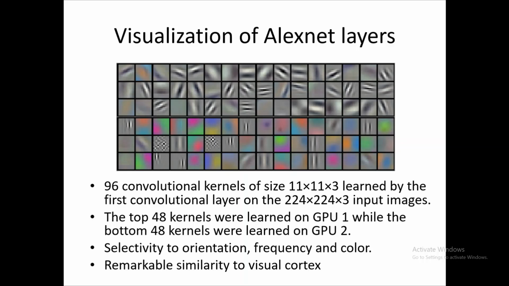When we look at the bottom 48 kernels, they look frequency and color selective, and this kernel will pass only a specific color or an image of some specific frequency. And if we compare it with the structure of the visual cortex, it is found to be remarkably similar to the structure of the visual cortex.